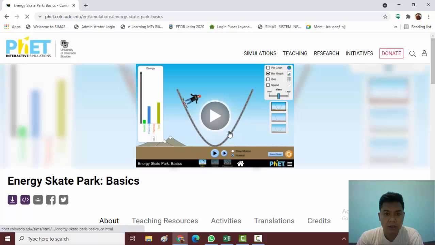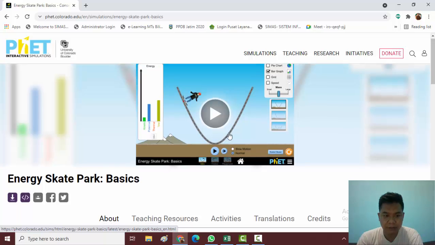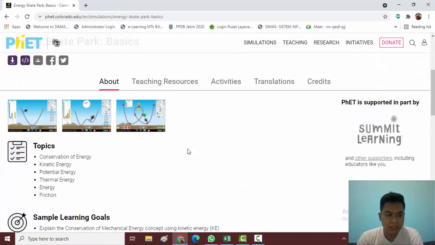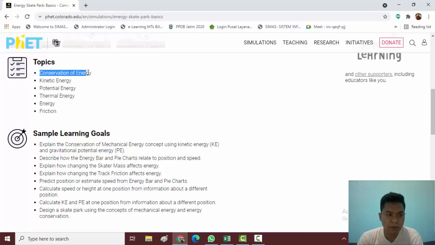This is a simulation of mechanical energy, the application Energy Skate Park. The topics are conversion of energy, kinetic energy, potential energy, thermal energy, and friction.